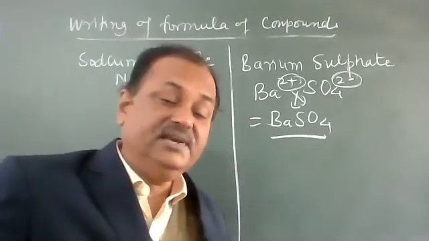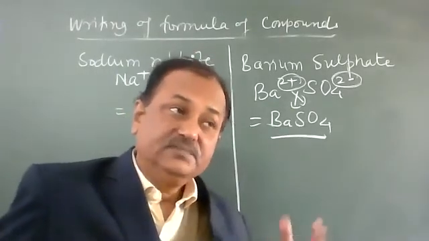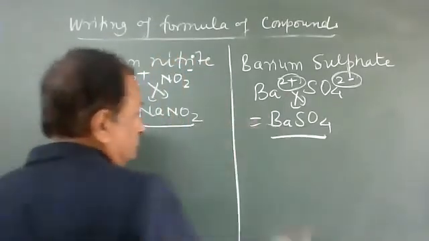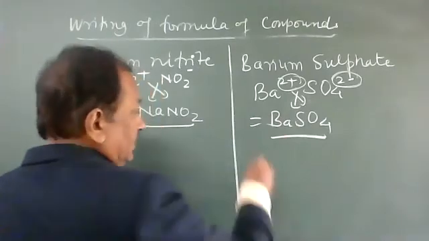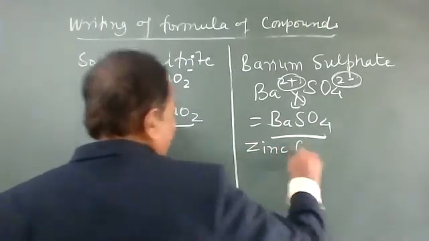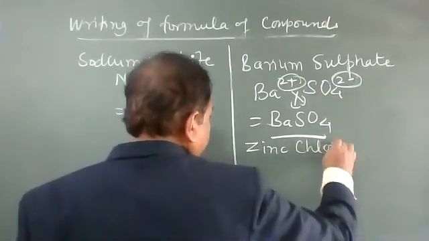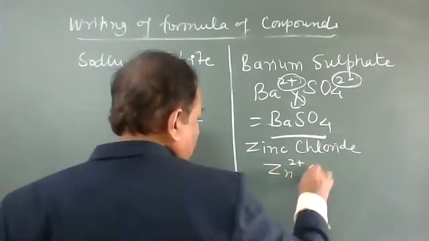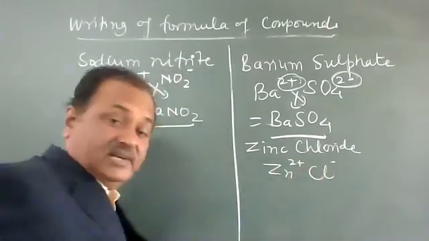This is the way we write down the formulas of different compounds. Now zinc chloride. Zn2 plus, chloride ion Cl minus.